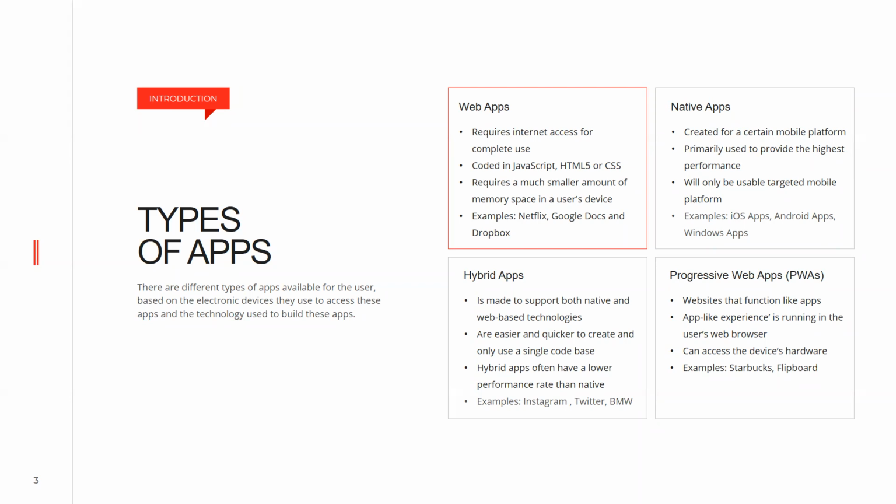Again, we'll go into the details of the various elements of the application later. But these use HTML, CSS, JavaScript at the front end, and frameworks like Angular, Backbone. These kinds of applications require a smaller amount of memory space on your device because they run from your browser.